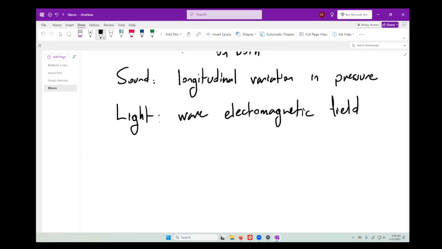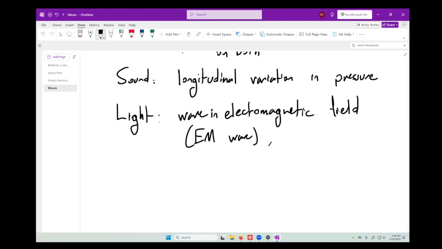And when I'm saying light here, I really mean any electromagnetic wave, so that it could include microwaves, radio waves, X-rays, etc. An electromagnetic wave doesn't require any medium to propagate.